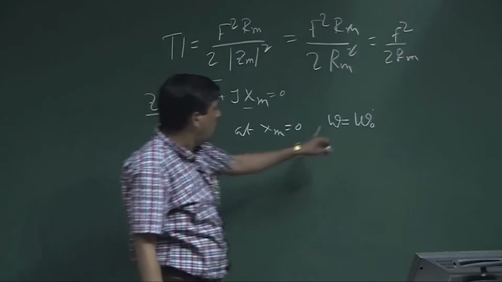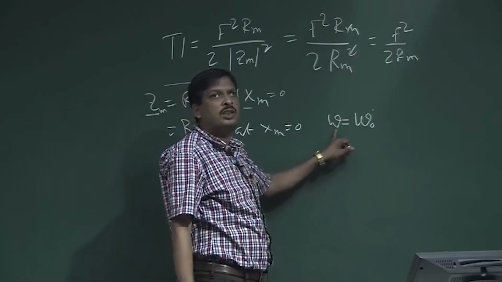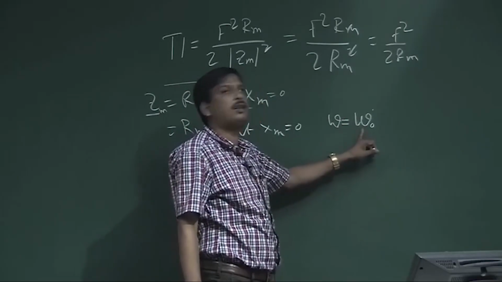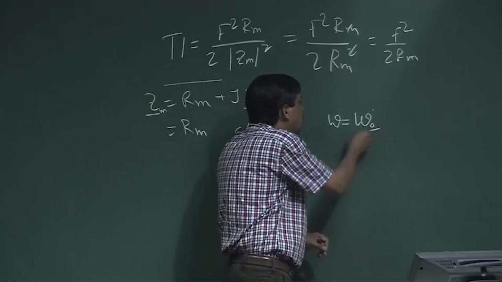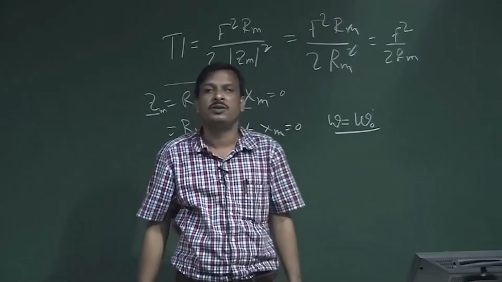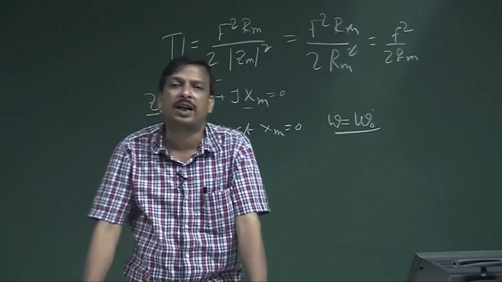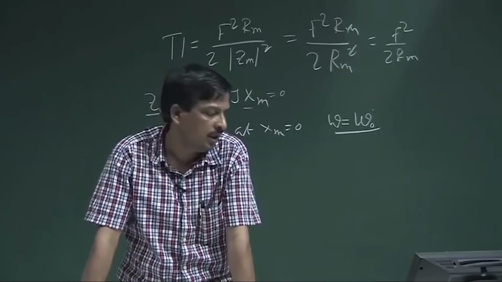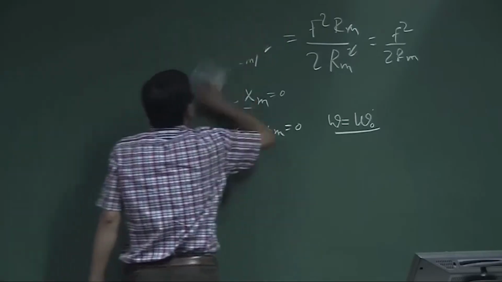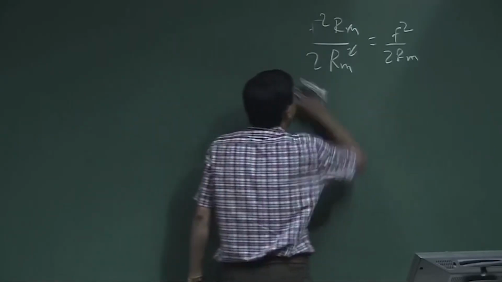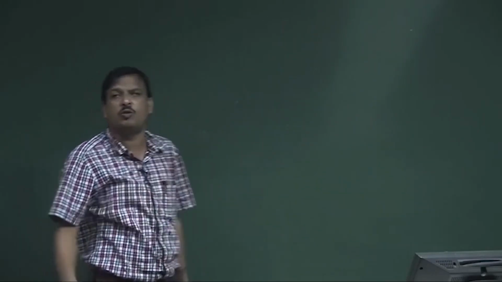When the applied force frequency is equal to the natural resonance frequency, mechanical resonance has happened. That phenomenon is called mechanical resonance. The maximum power transfer happens at omega equal to omega 0.